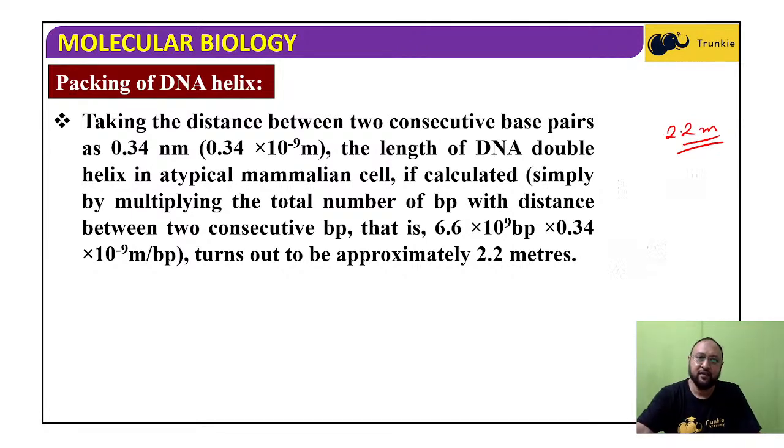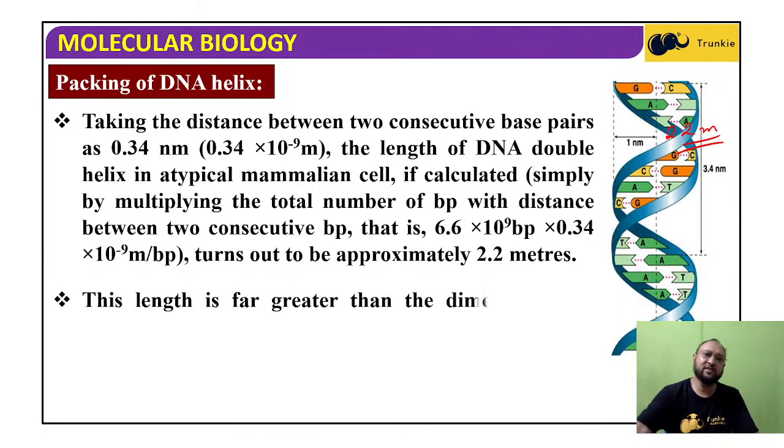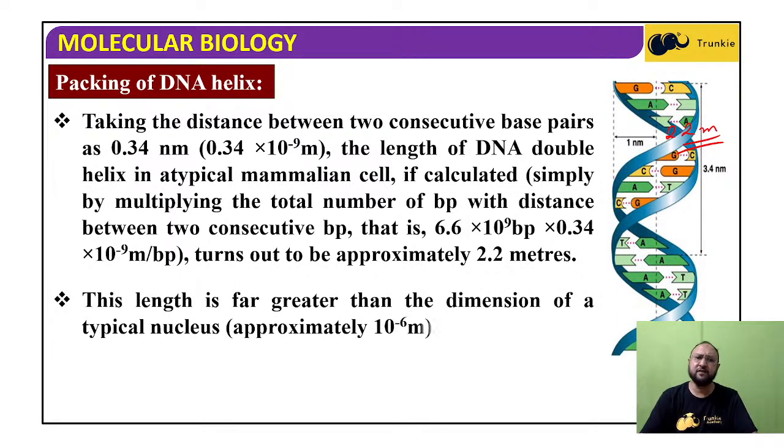Now this length is far greater than the dimension of a typical nucleus. Can you imagine? The cell itself is microscopic, within the cell is the nucleus, within the nucleus are the chromosomes, and within the chromosomes is this DNA.